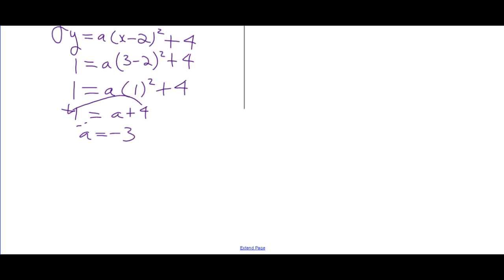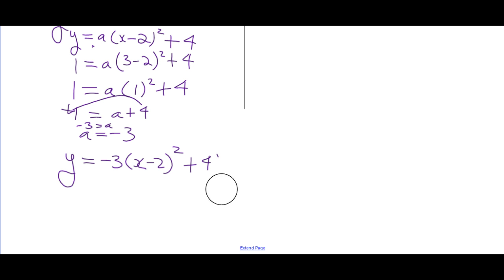If you want, you could have this step in here, negative 3 equals a, and then let's just say here's what a is. Now we go back to this line, and we put in the value for a. So we go y equals negative 3 times x minus 2 squared plus 4.